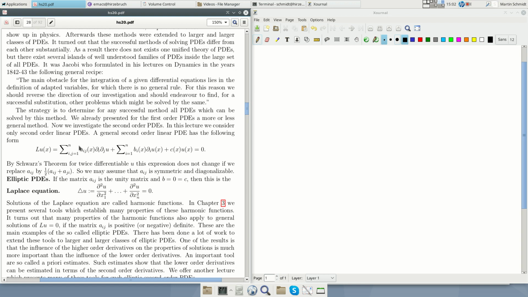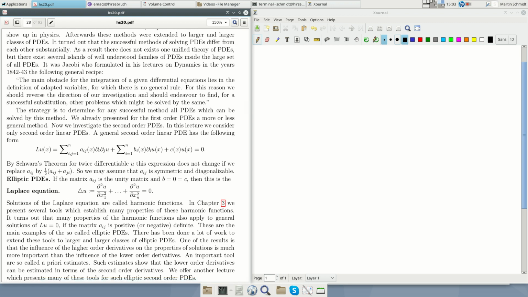Then one can see that these methods which we develop in the third chapter only for the Laplace equation carry over. This class of elliptic PDEs is the most important class, and we offer another lecture, the lecture on PDE, which mainly introduces this elliptic theory.